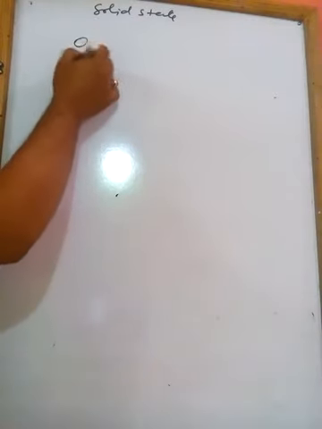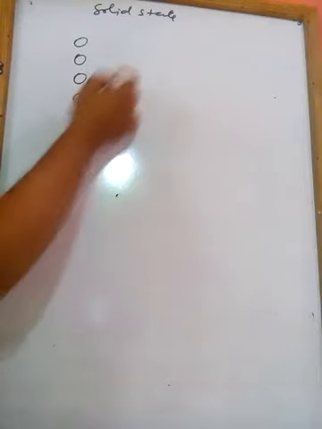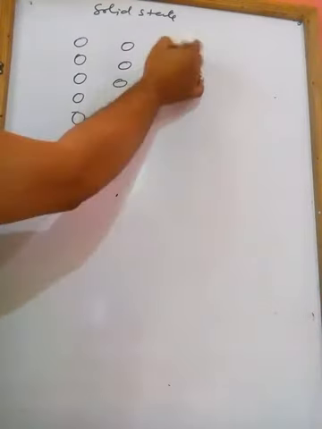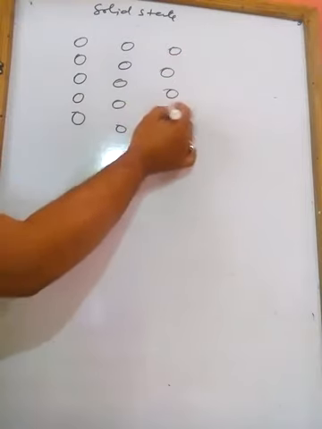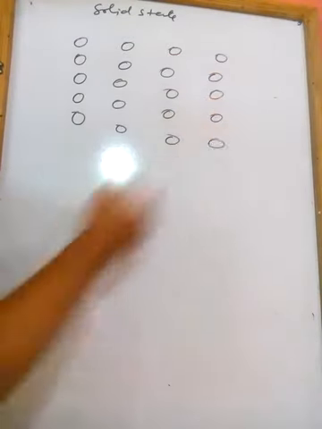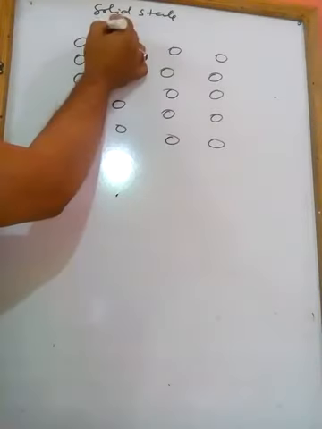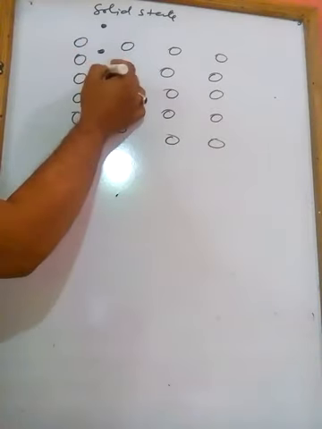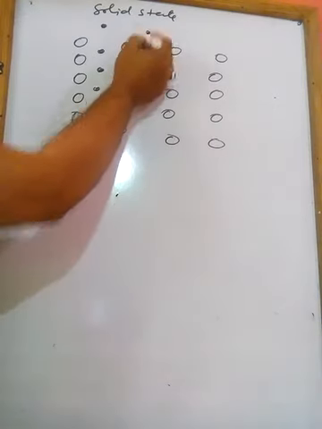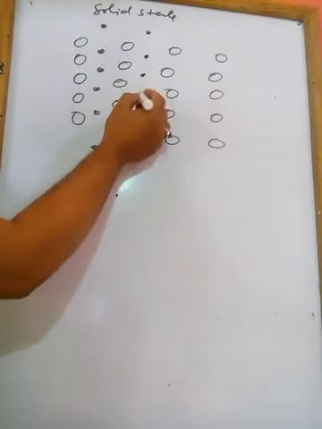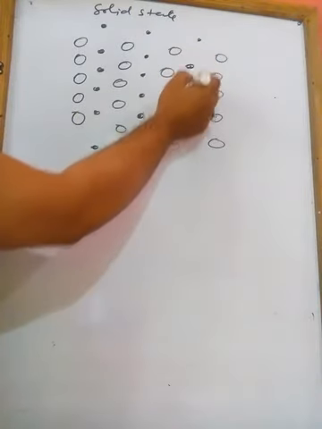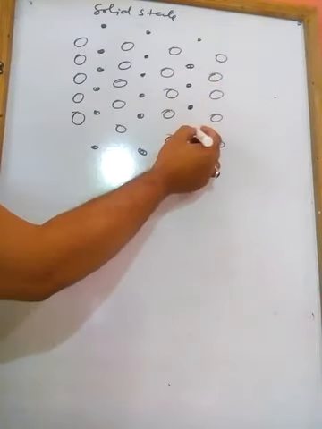Now we can see these particles like this. This is the arrangement. And here are the smaller particles. We can show the anisotropic nature by their structures.